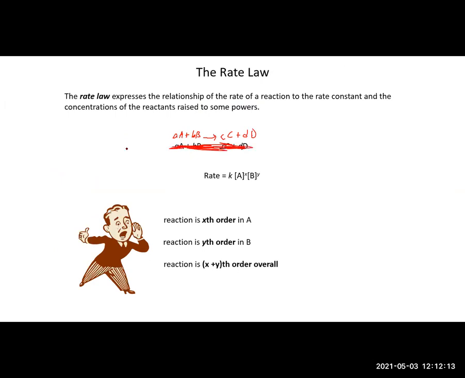The rate law expresses the relationship between the rate of the reaction, the rate constant, and the concentrations raised to a particular power. This is what is referred to as a rate law, not to be confused with the rate expression we were dealing with earlier. The rate is equal to k, our rate constant, as we talked about earlier, the constant relationship we have when we look at changes in concentration versus time over the whole period of the reaction.